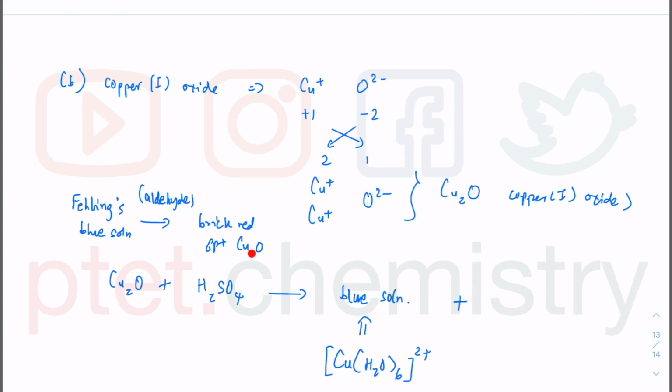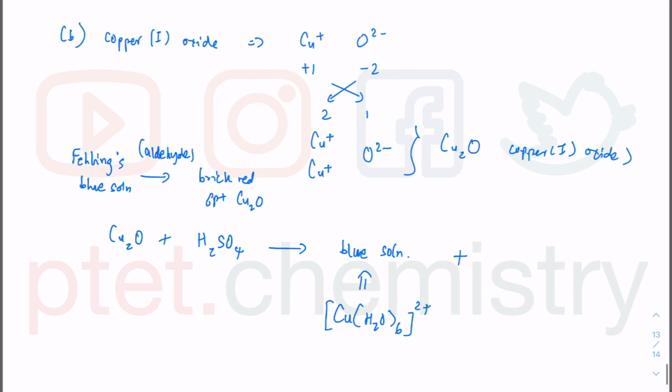Unfortunately, I said this is a brick red precipitate, but you also get a red-brown solid, which is actually not going to be... what am I talking about? Let me think. What is this? I think the red-brown solid is not going to be copper 2 oxide, because copper 2 oxide is actually kind of black in color.